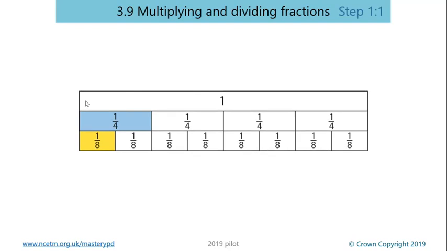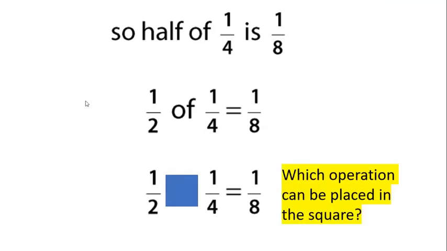So I wonder if you've got it. That means that half of a quarter is 1/8. I wonder if you got that right. Okay. Now remember earlier we were talking about which operation can represent the word of. Have a think. Can you remember which one it was?